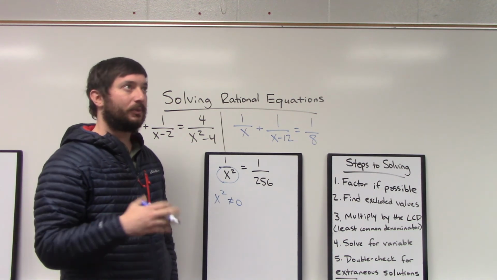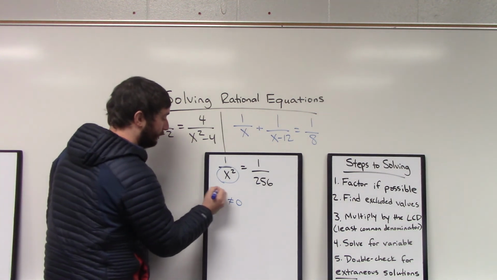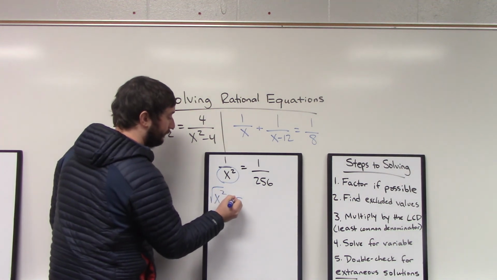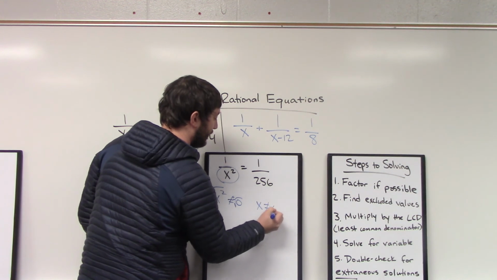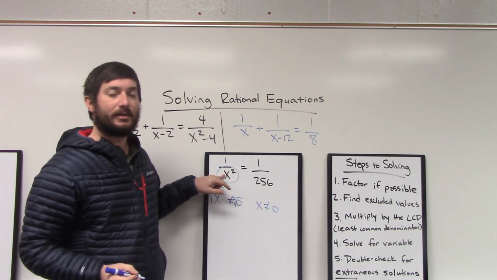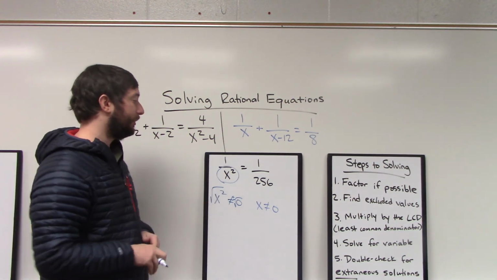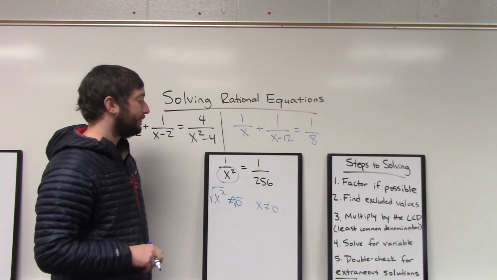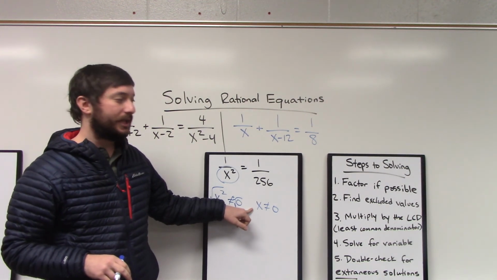So what number would x be for this to turn into 0? You could square root both sides, add a plus minus if you want to. The point is, pretty clearly, x itself cannot be 0, because if I plug 0 into x, 0 squared is 0, and I can't divide by 0. It's an excluded value in this case. So that's what we're going to have to keep in mind. We're going to come back to that later on and use that to double check our work.